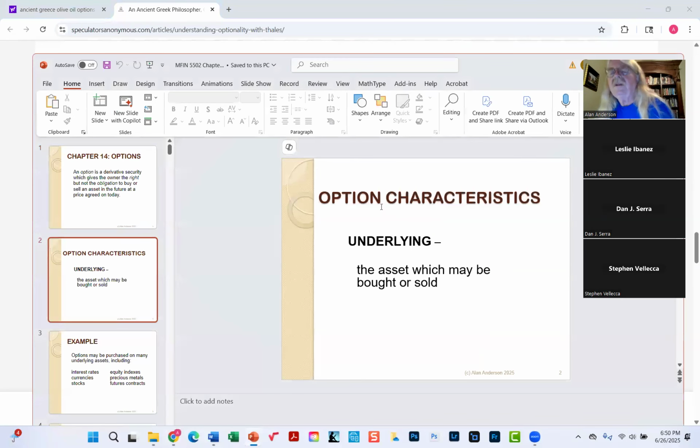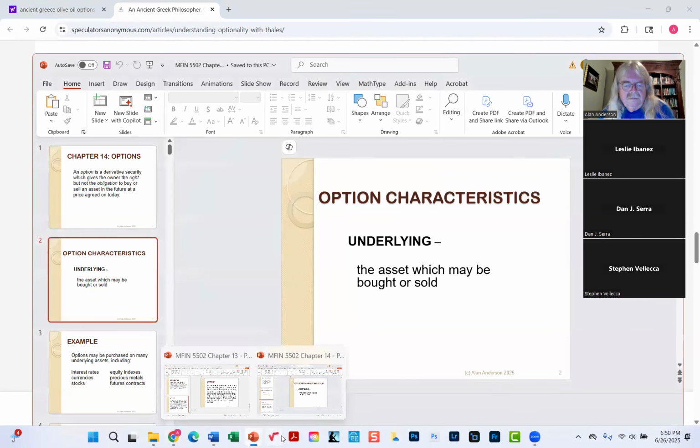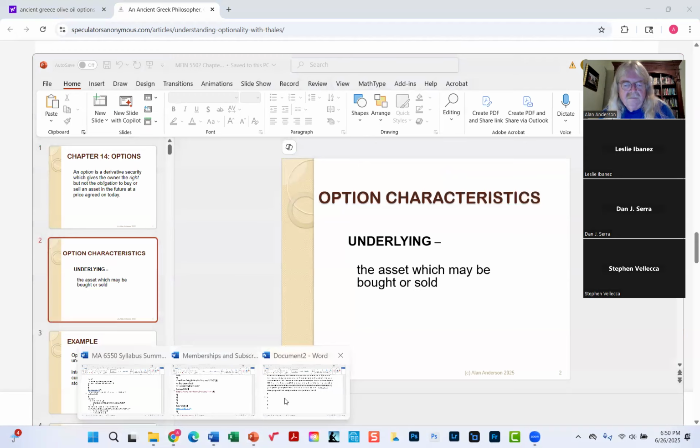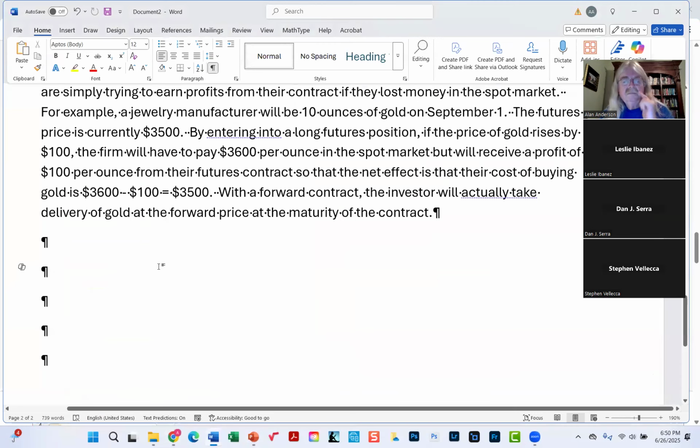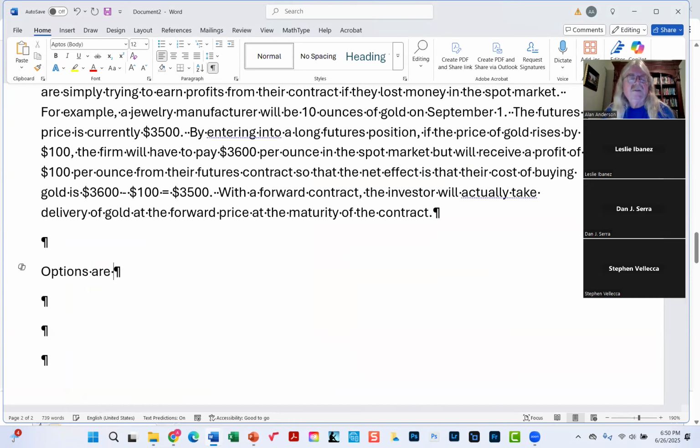So anyway, what is different about options then? Options are far more complex derivative securities.